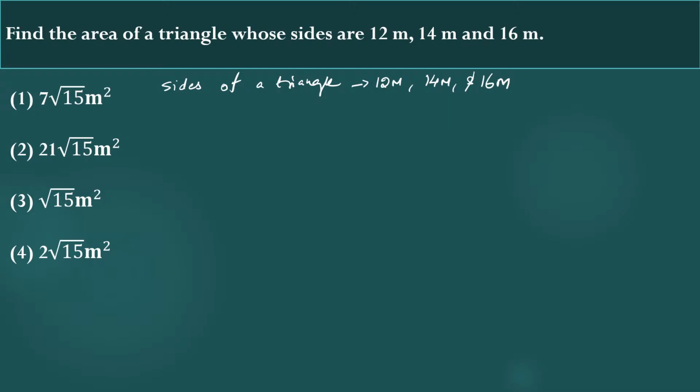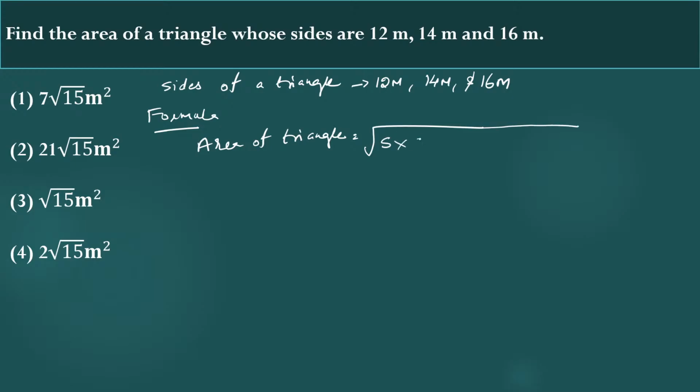So what is the formula when sides are given? Area of triangle is equal to root of s into s minus a into s minus b into s minus c.